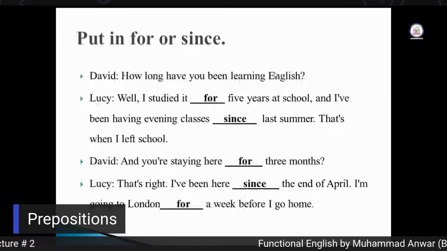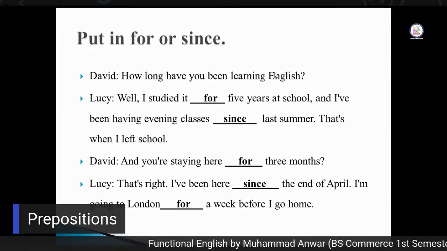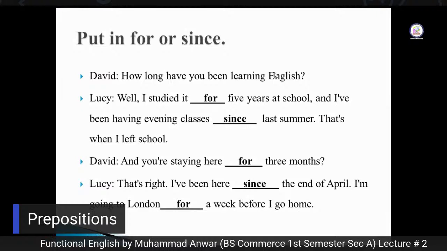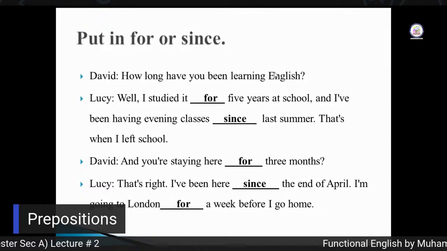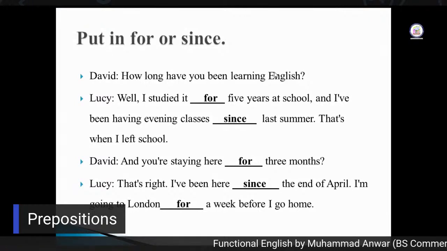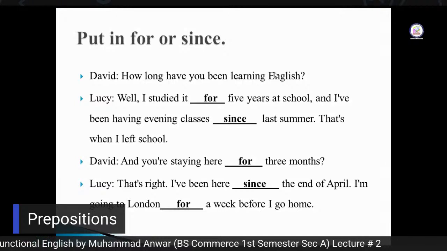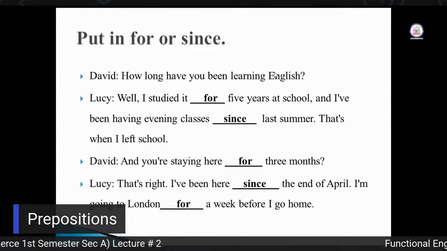You can see over here. Lucy: well, I studied for 5 years at school. Use for because she's talking about the duration. How long? For 5 years. I've been having evening classes since last summer. Here, the beginning time, when it started? Last summer. That's when I left school.